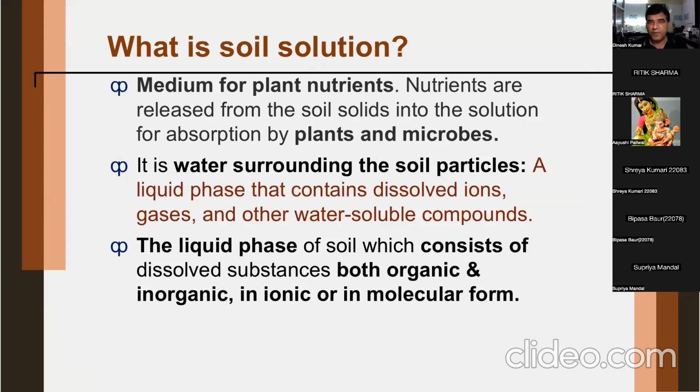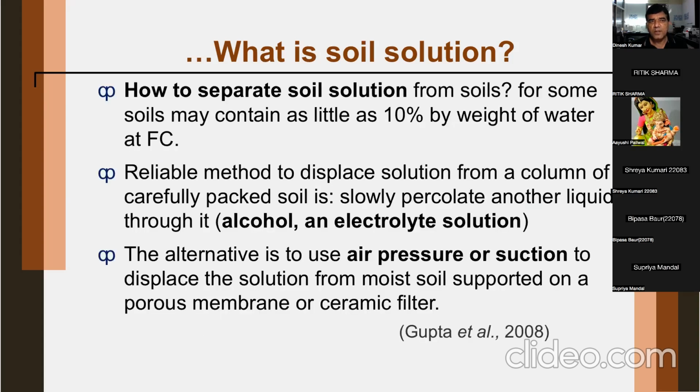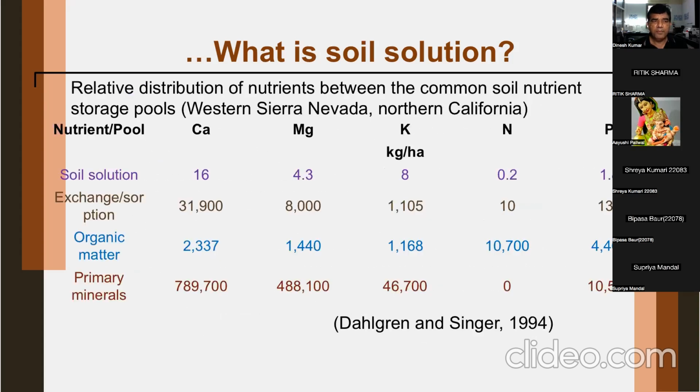And we discussed different definitions of soil solution. We have seen the importance of soil solution. We have seen that the concentration of nutrients in available form in soil solution is very, very small.